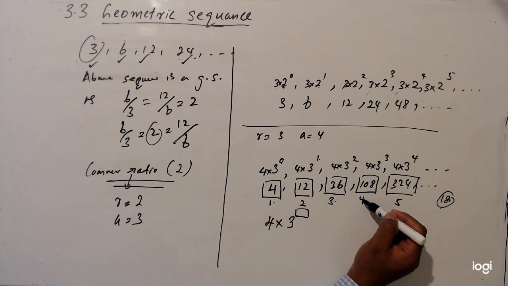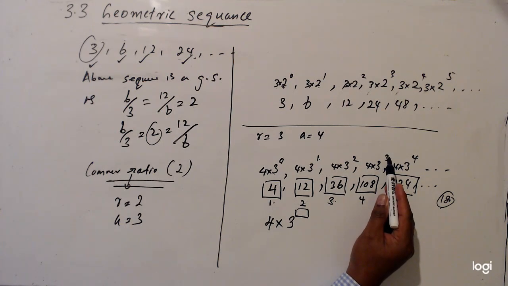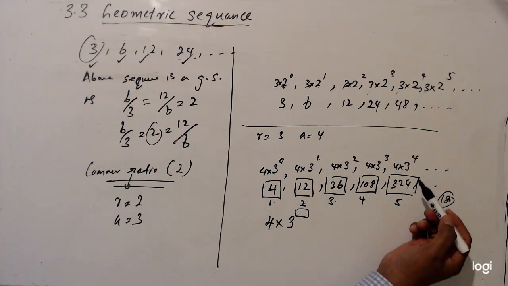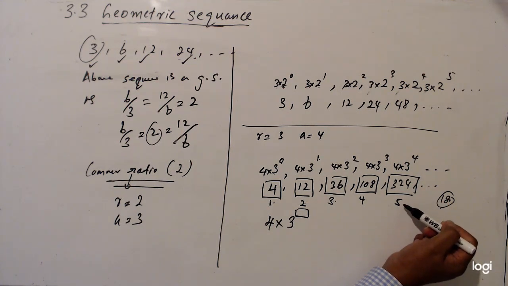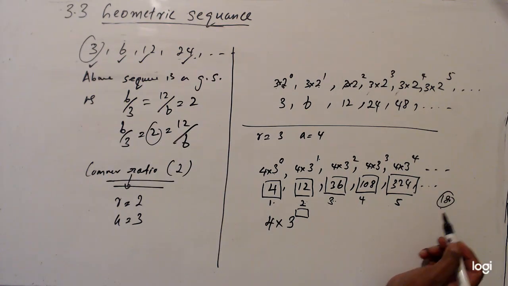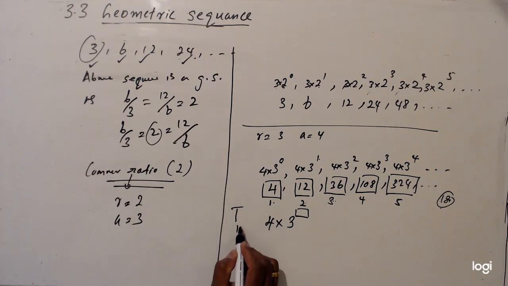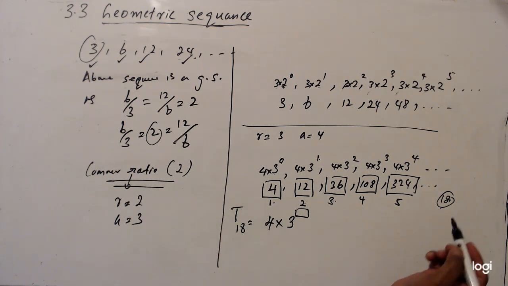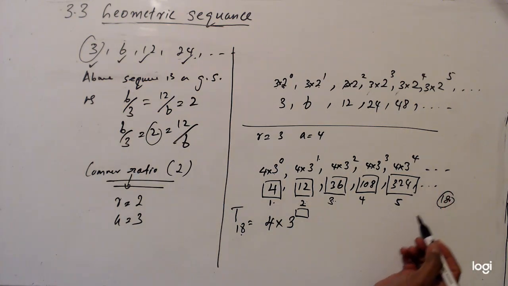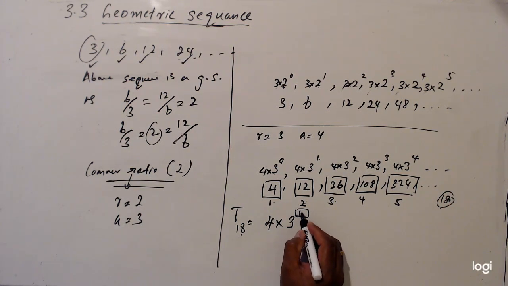And the fourth term, the power should be 4 minus 1, 3. Fifth term, you can get 5 minus 1, which is 4. Now I need 18th term, term 18. So then 18 minus 1, that is 17.